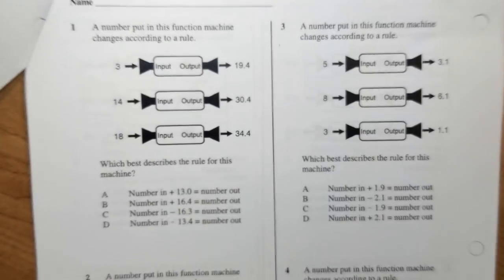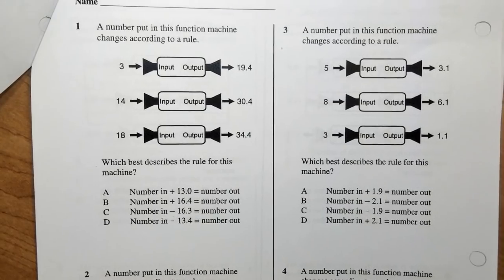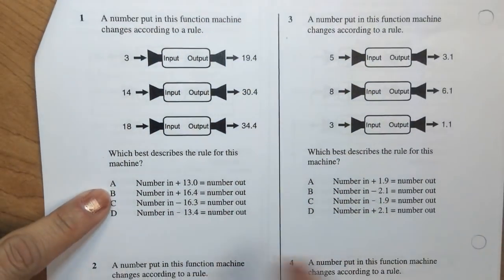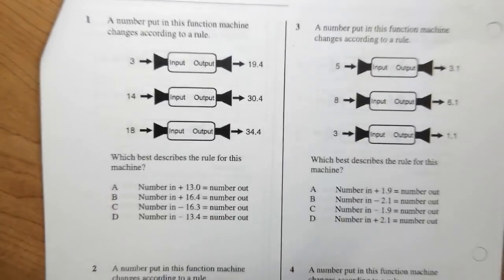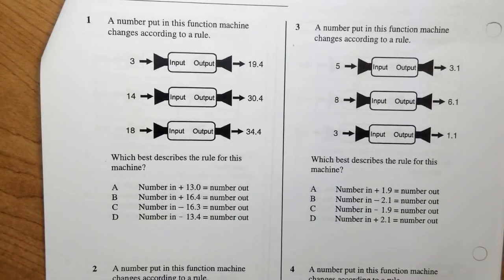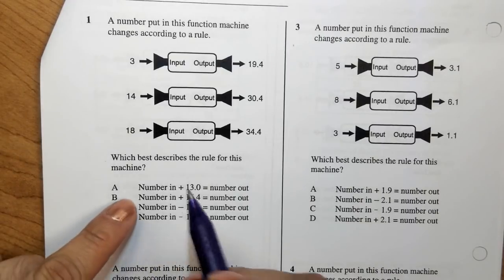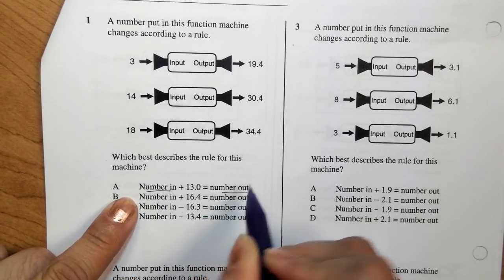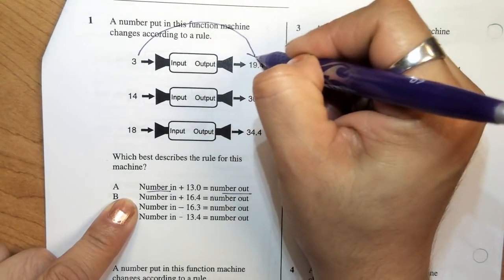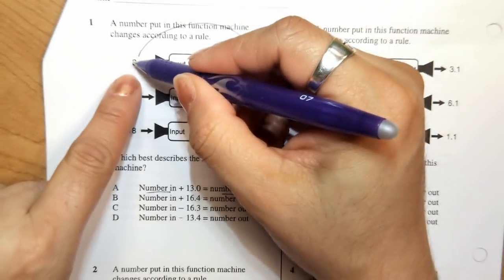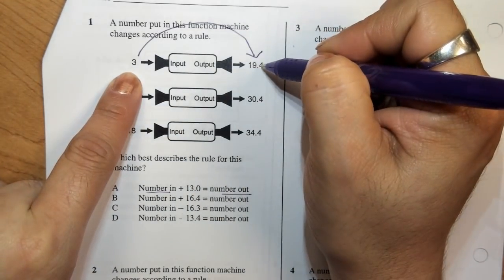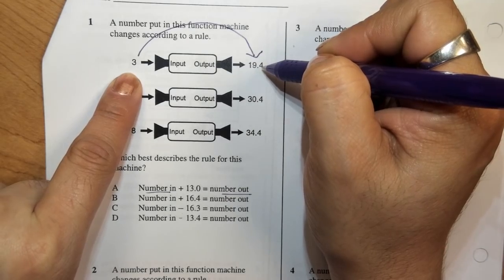Okay? The same thing goes for the next page on the back. But I do want to go over this one because sometimes decimals just kind of freak us out. Don't freak out. Ready? The number in to the number out. So I'm going from left to right. What do I do to 3? I'm going from 3 to 19 and 4/10.